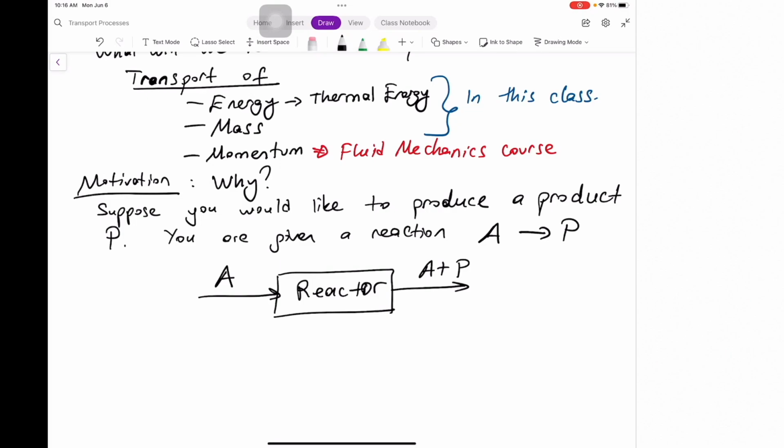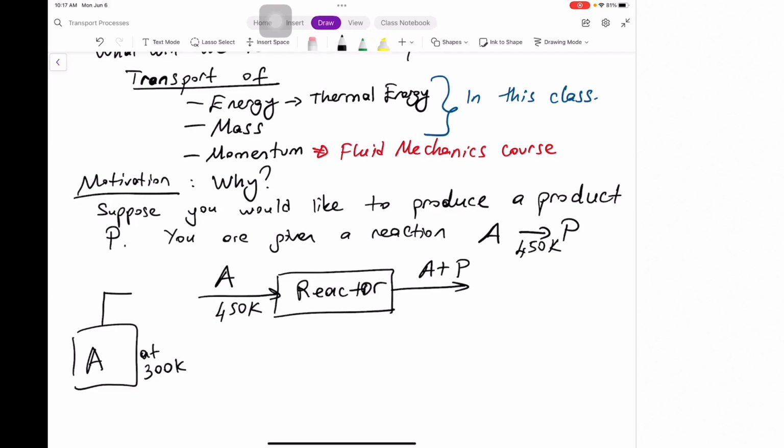This reaction might happen, for example, at a particular temperature, say 450 Kelvin. And you have some A here at room temperature, 300 Kelvin, but you want to feed it at 450 Kelvin. What do you need to do?